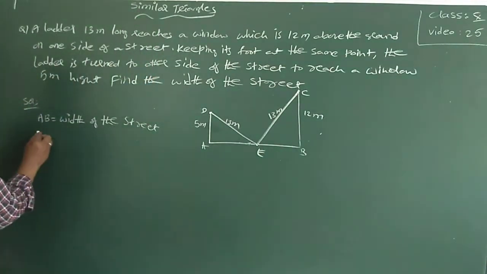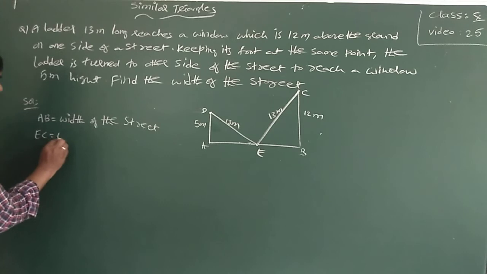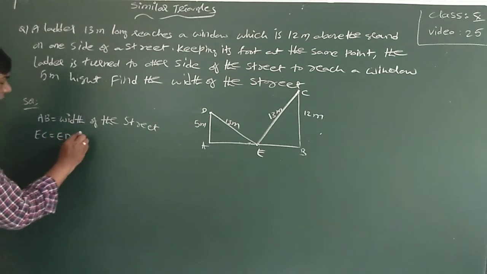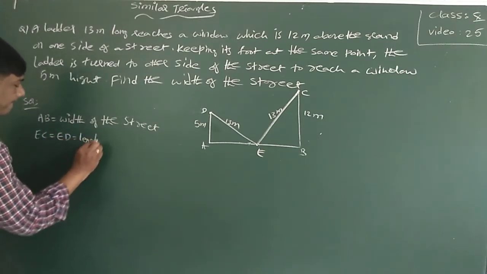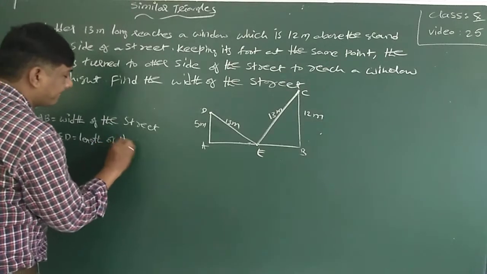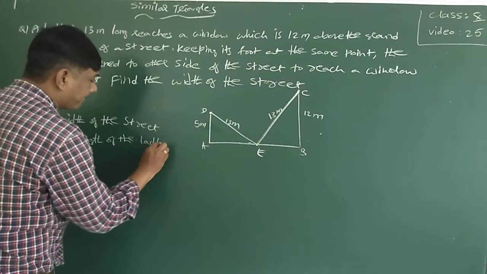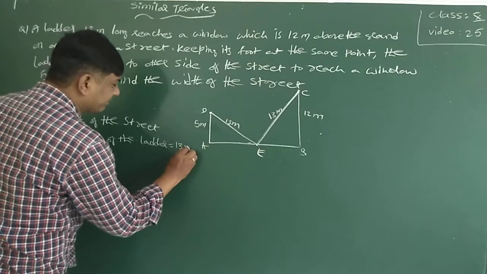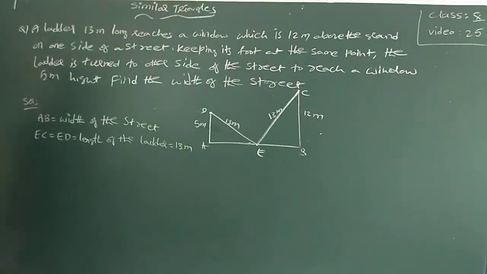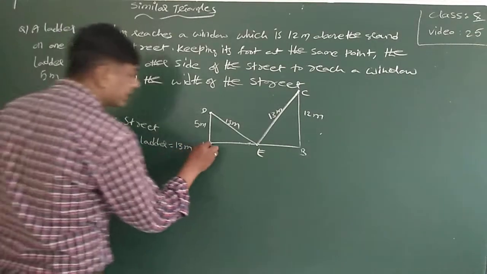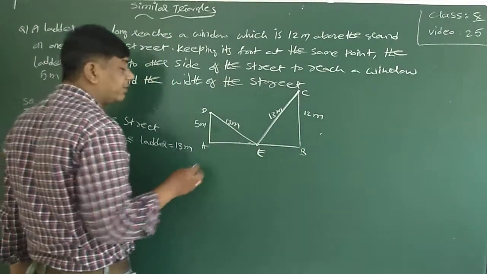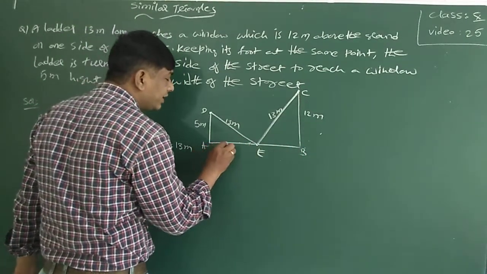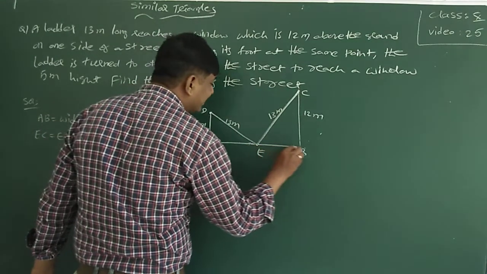Now, EC is equal to ED is equal to the length of the ladder, 13 meters. Now I have to find out the AB length. To find out the AB length, first we need to find AE and EB separately.